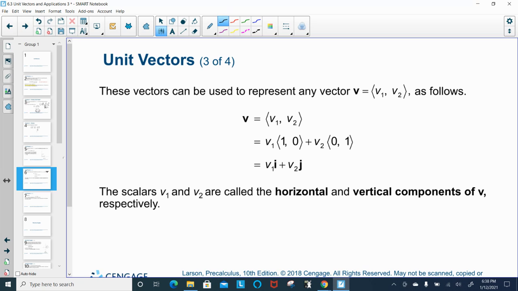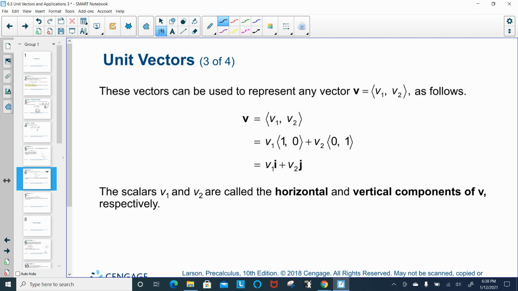These vectors can be used to represent any vector as a linear combination. So we can take a vector v that has a horizontal component v sub 1 and multiply it by i, because that is the horizontal unit vector, and take the vertical component v sub 2 and multiply it by j.